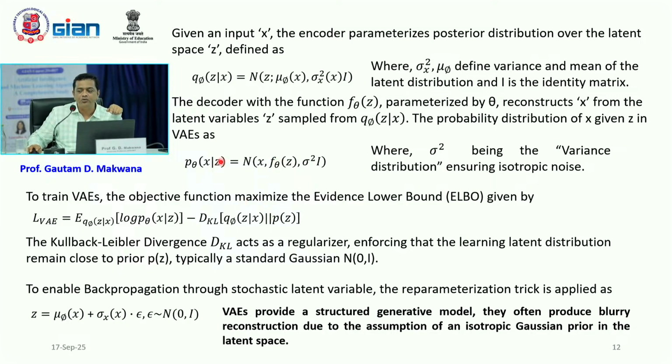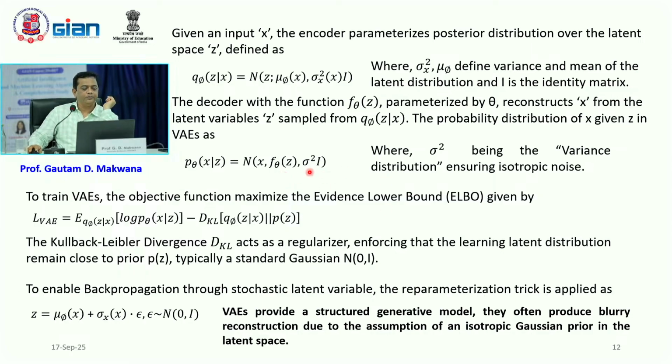So Z is the input and X is the output. For a given Z, what will be X? It is an estimation or generation depending on Z and on the probabilistic nature of X, f theta of Z, sigma squared and I.